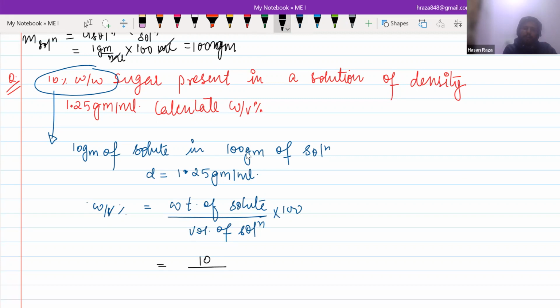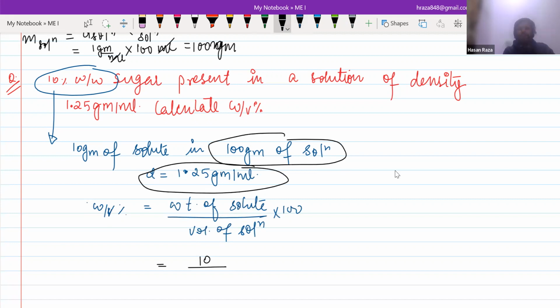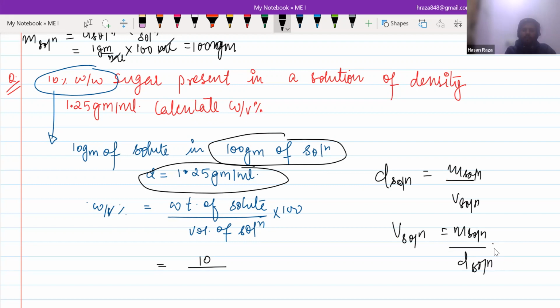But volume of solution is not directly given, but we can calculate it with the help of mass of solution and density of solution. So you know that density of solution is equal to mass of solution upon volume of solution. Now you can see volume of solution is equal to mass of solution upon density of solution. Mass of solution is 100 gram and density of solution is 1.25 gram per ml.